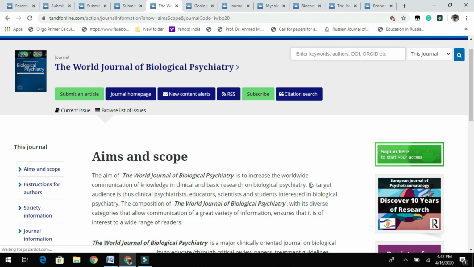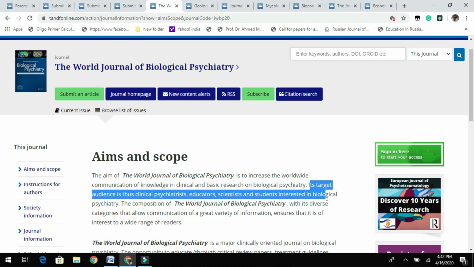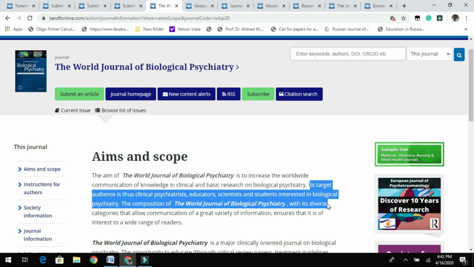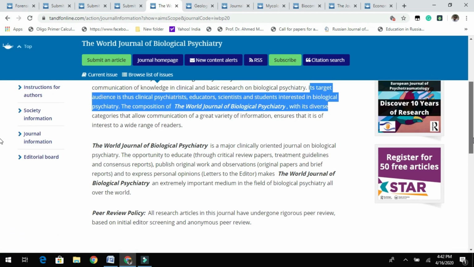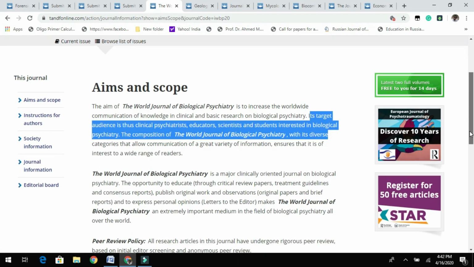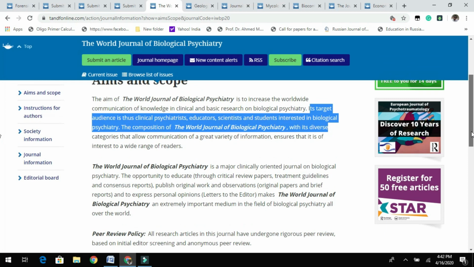It targets an audience working as clinical psychiatrists, educators, scientists, students working in biological psychiatry. So you can see the different categories or themes they are expecting.